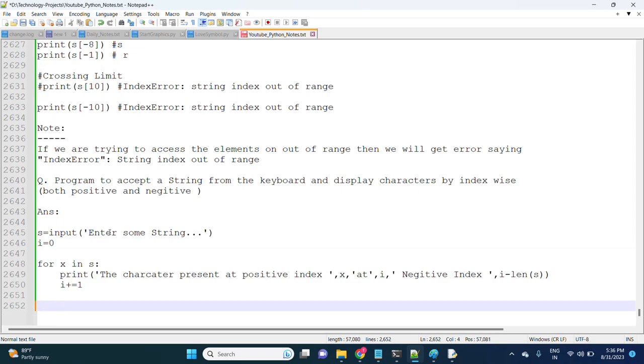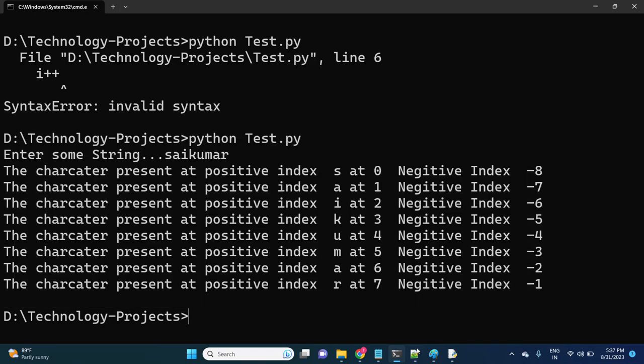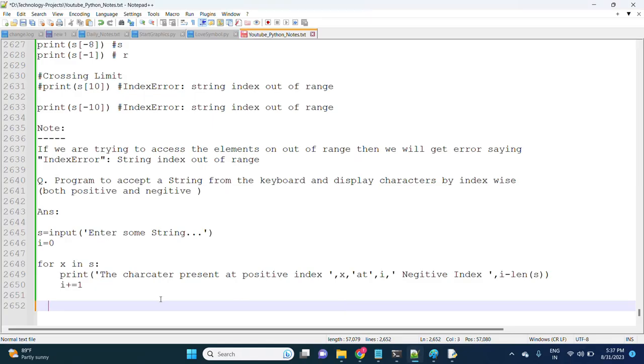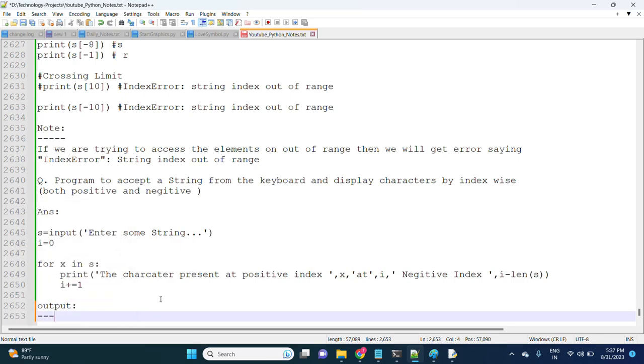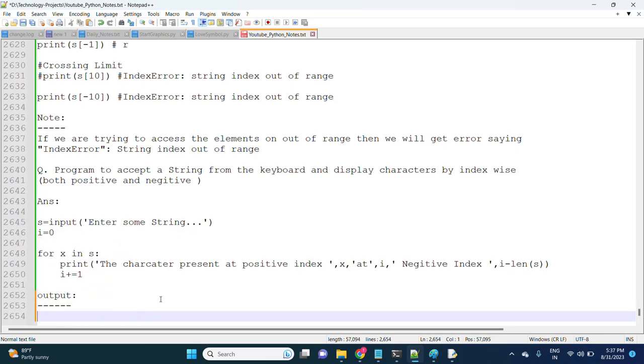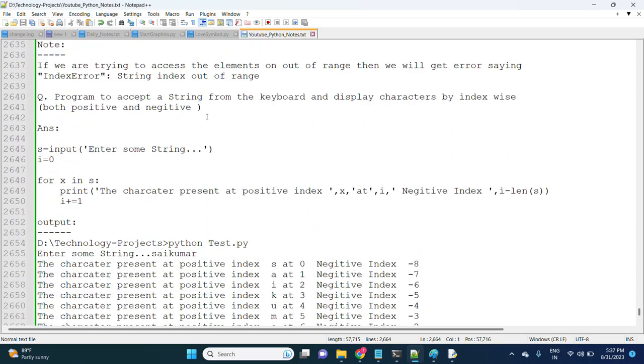Now observe here, what is our output. Clear, right?